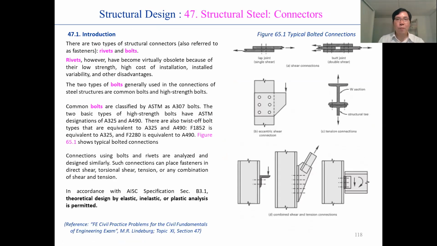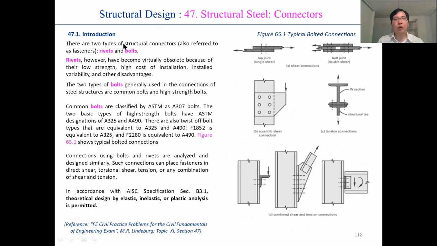Now we can pass on to another steel member, the connector. So here I show you an introduction about the connector.